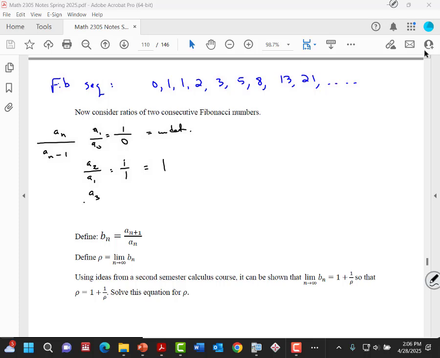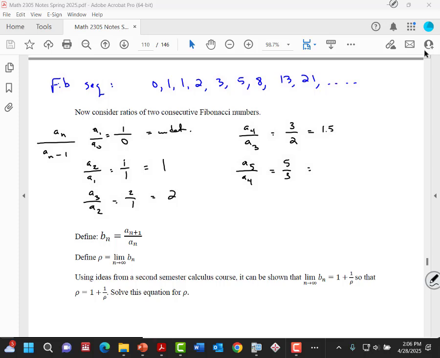What about A3 over A2? That's 2 over 1. That's 2. What about A4 over A3? A4 over A3, that is 3 over 2, or 1.5. A5 over A4, that's 5 over 3.